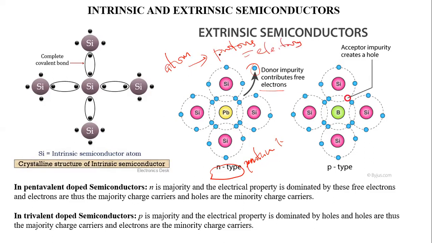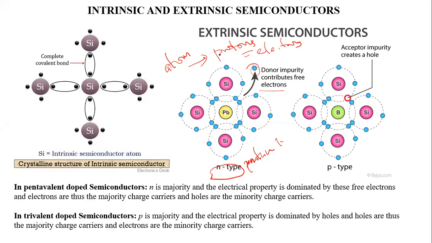The number of protons in the nucleus and the number of electrons revolving around it is always equal in an isolated atom. So even though we are contributing one free electron, the number of protons and electrons inserted in the silicon crystal is always equal. So your silicon crystal, even after doping with a pentavalent atom, will remain electrically neutral.